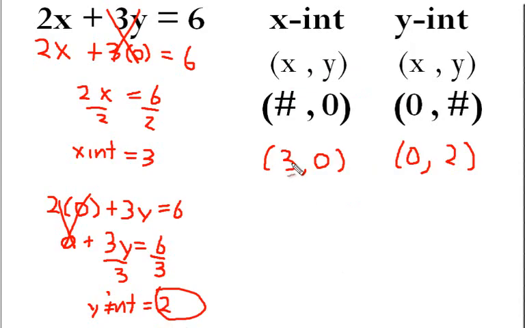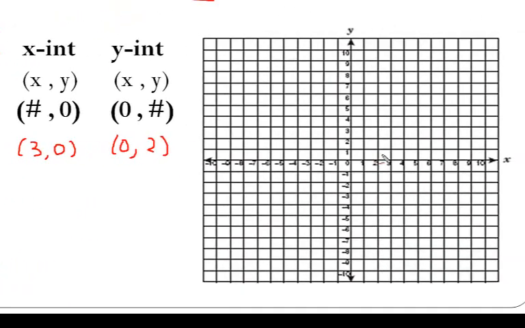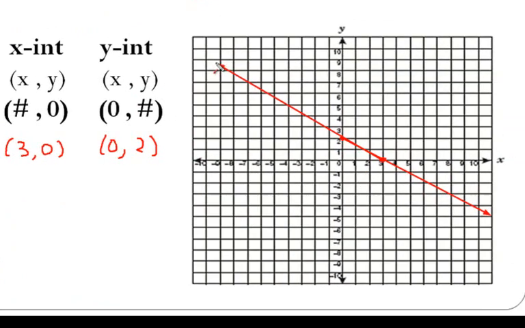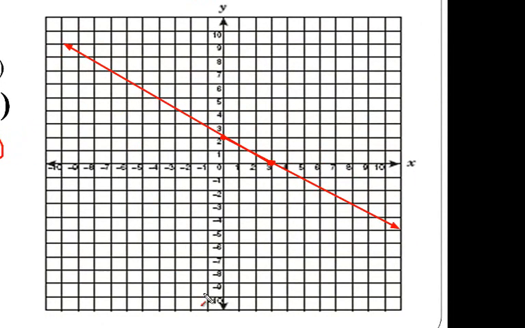So our x-intercept is at 3. So we go over 3. This is our x-intercept. Our y-intercept is at the point 0, 2. So now we can make our line. So the line would go through these 2 points. That's how we would graph it.